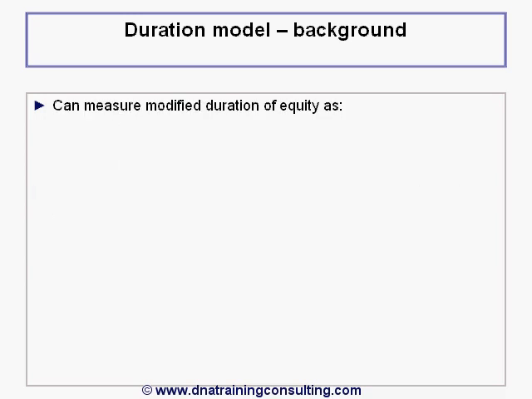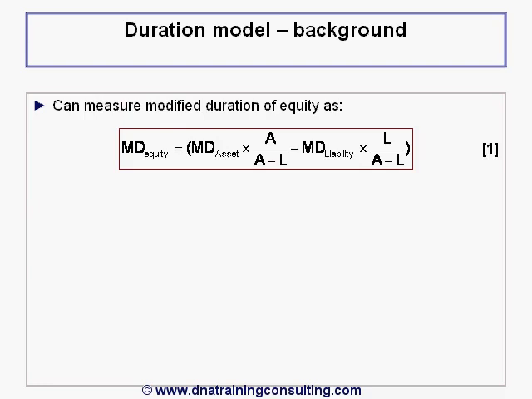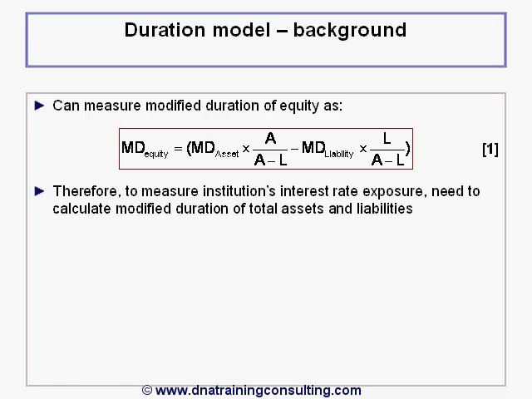Note also that we can measure the modified duration of equity as follows. Therefore, to measure the institution's interest rate exposure, we need first to calculate the modified duration of its total assets and liabilities.